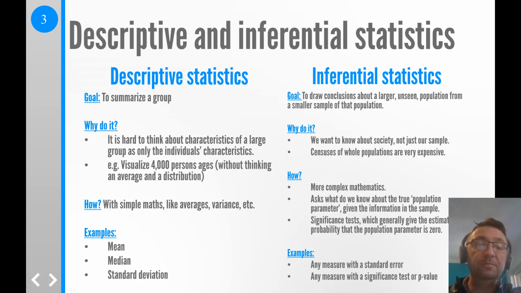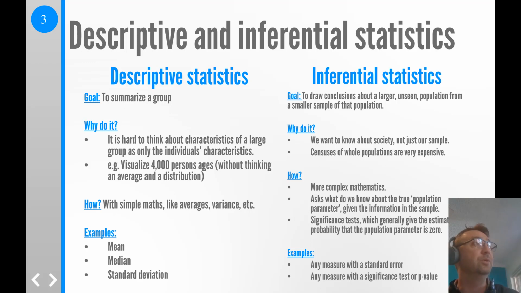And why do we actually have descriptive statistics? Well, we use it because it helps us reduce the amount of information we need to think about a particular group or a large number of people or units or whatever it is. So, I've got the example on the slides here. Try to visualize 4,000 people's ages without thinking about an average or a distribution.